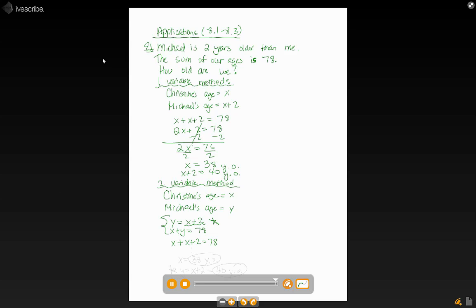So I'll just say X equals, we found out it was 38. And then how do you find Michael's age? Back substitute into star. So Y equals X plus 2, or what? 40, right? 38 plus 2, which is 40.